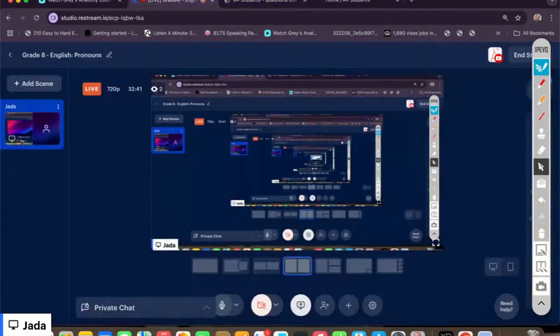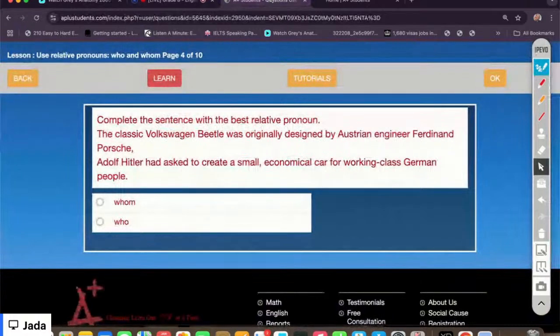So complete the sentence with the best relative pronoun. The classic Volkswagen Beetle was originally designed by Austrian engineer Ferdinand Porsche. Adolf Hitler had asked him to create a small economical car for working class German people.